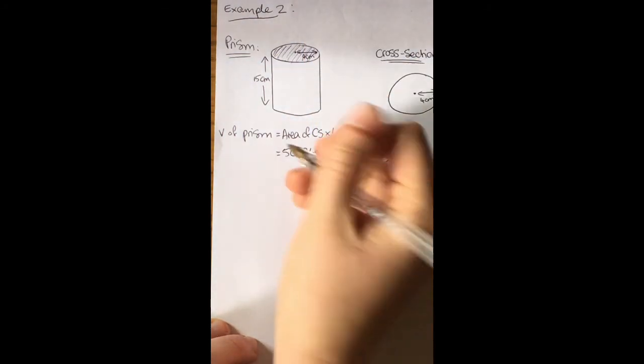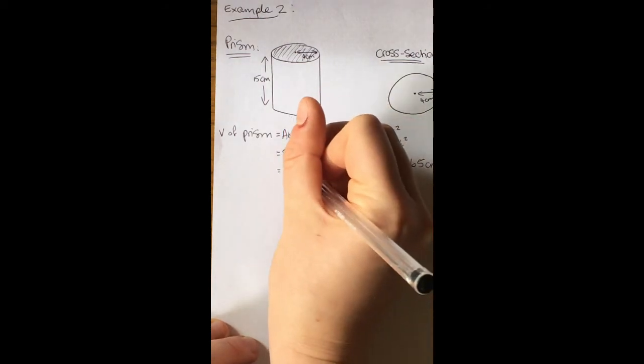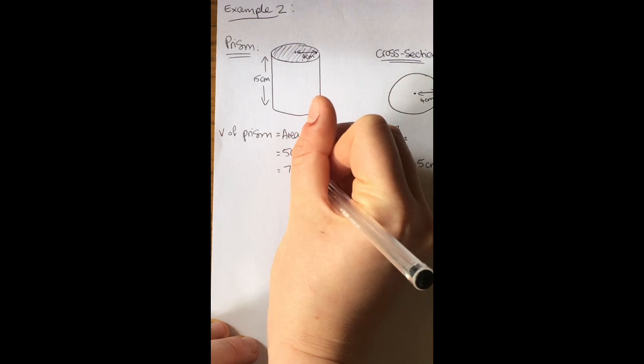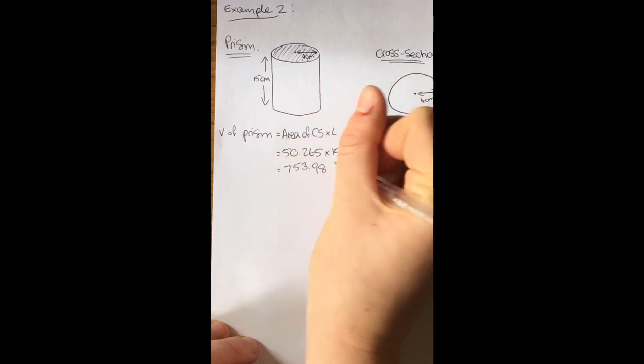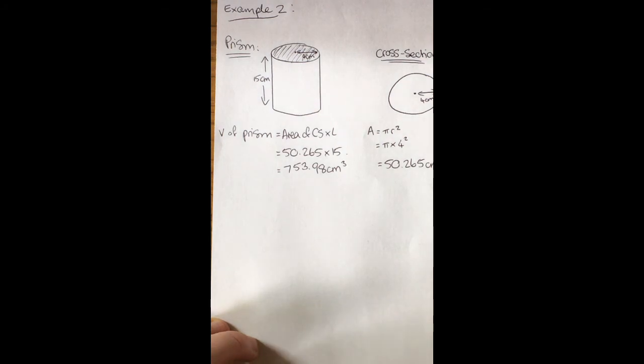Okay, 15 centimetres, and then if we multiply those together, you end up with 753.98 centimetres, and they're cubed because we're dealing with volume.